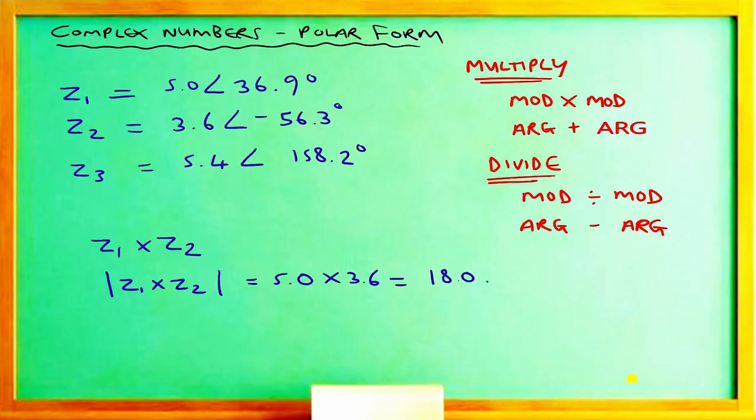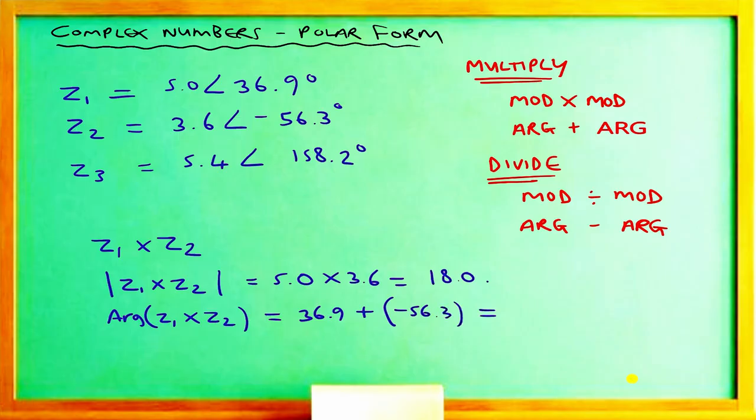When we want to work out the argument of z1 times z2, we just need to add the two arguments together. So we have 36.9, and to that we're adding, just take care here, a minus 56.3.